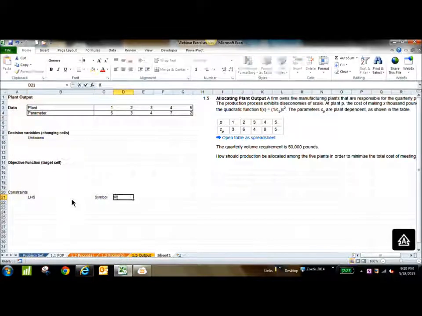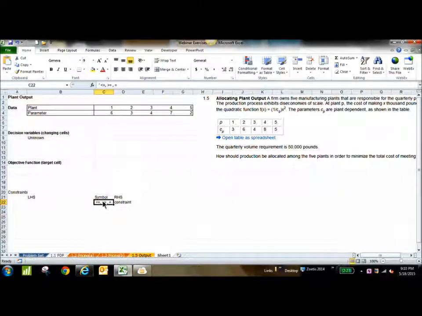The right-hand side is where the constraint is. The symbol could be less than or equal, greater than or equal, or equal. These are the symbols we're going to be using. And the left-hand side is what we're trying to calculate. This is based on a calculation.